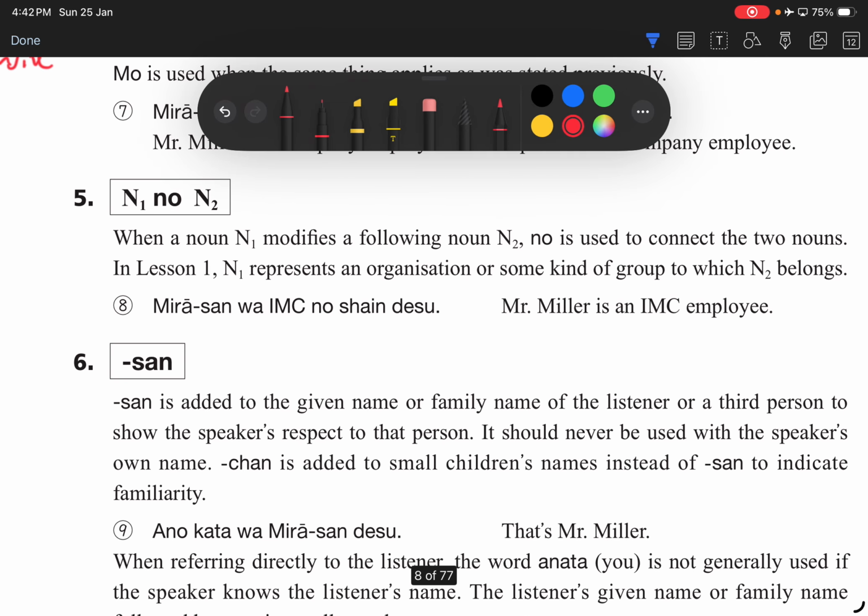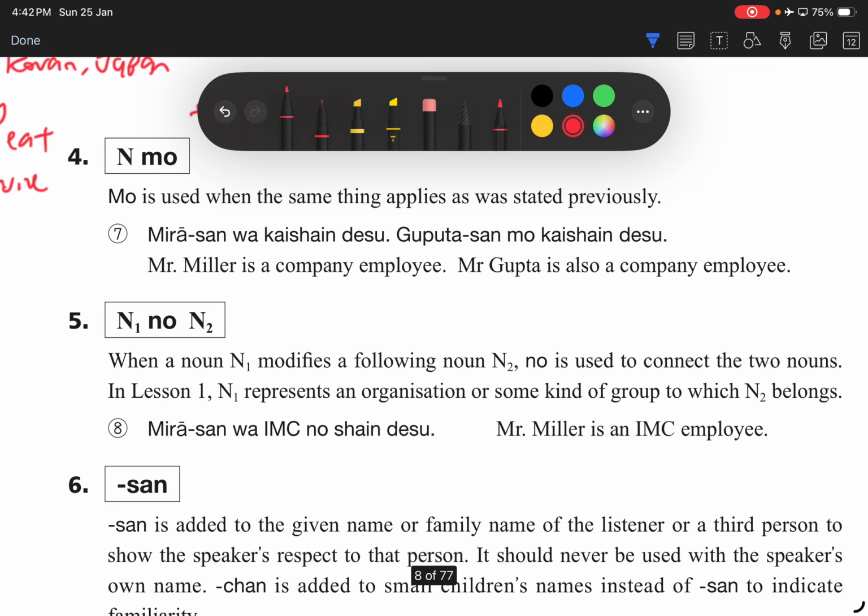Okay, number 5, N1 no N2. Let's call it A no B. I don't like to use N1 N2, so I'll just change it to A and B. So A no B simply means B is related to A. In Chinese we say A的B.